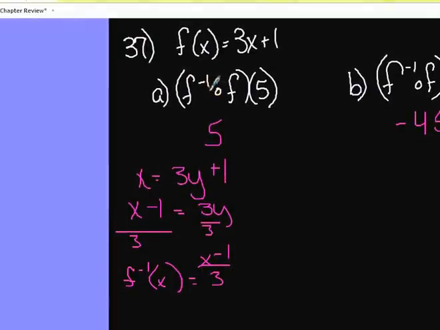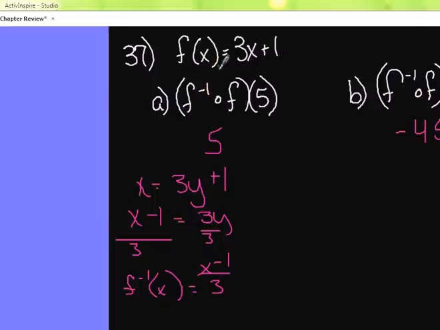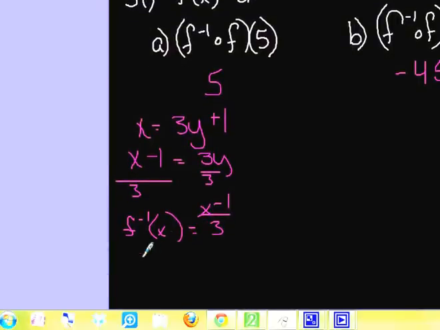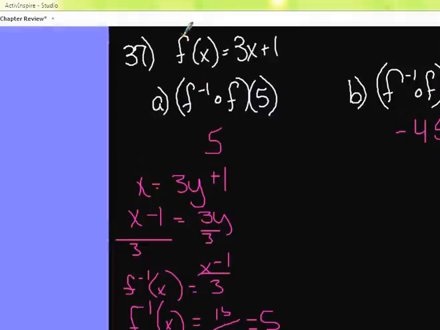And now if I take the f of 5, f of 5 is going to be 3 times 5 plus 1, which is 16. And then if I plug 16 into the inverse function, 16 minus 1 divided by 3 is 15 divided by 3, which is 5. So we kind of did all that just to show you that these two will cancel each other out and your answer will be whatever the number is.